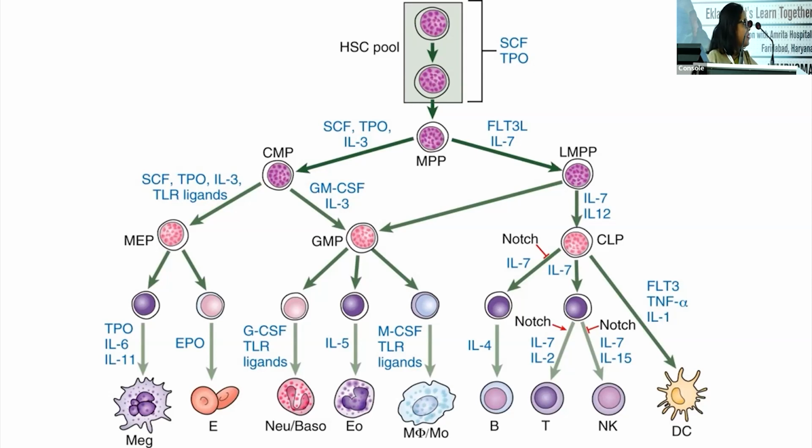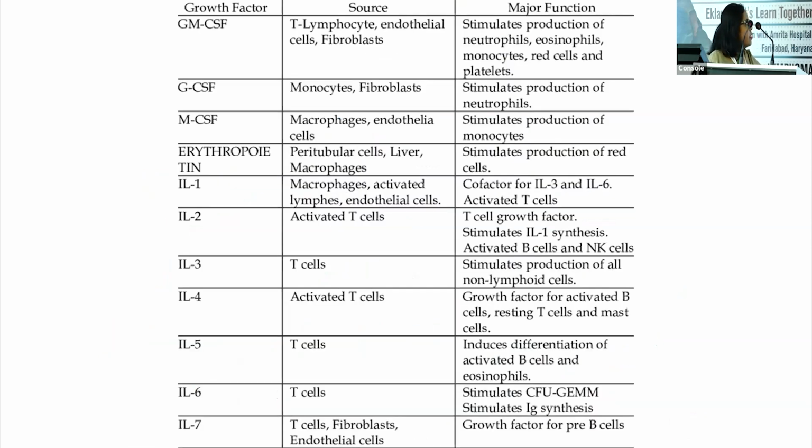Then there are certain growth factors like thrombopoietin and erythropoietin, synthesized elsewhere in the body, thrombopoietin in the liver and erythropoietin in the kidney. From there, they are transported to the bone marrow, and this further facilitates the differentiation of the cells of various lineages. This is a tabular form showing some important growth factors and cytokines and their role in hematopoietic cell differentiation.